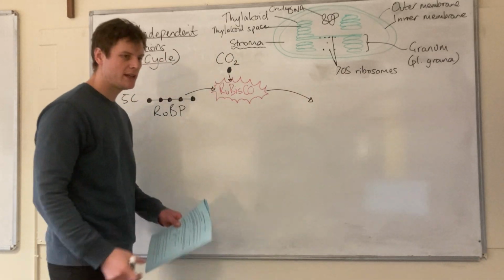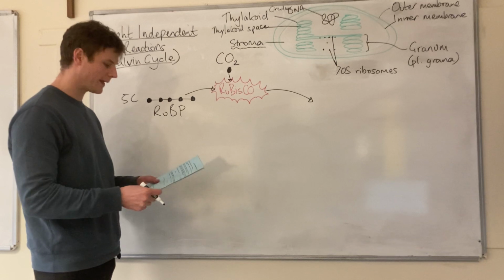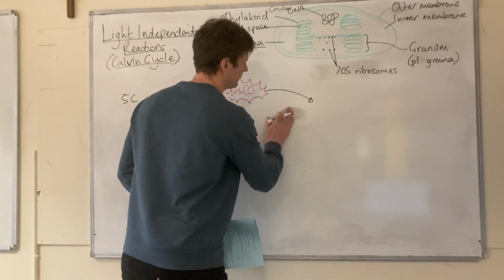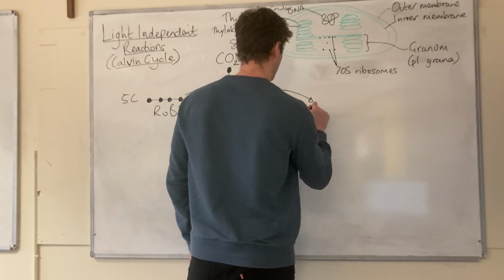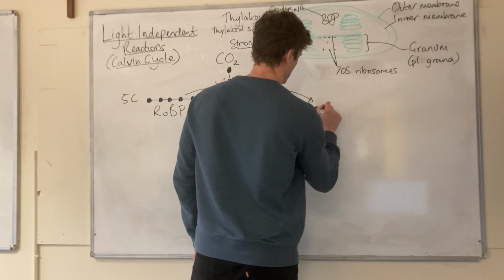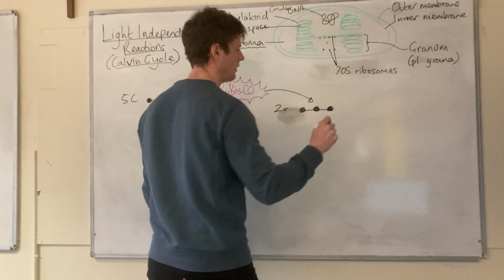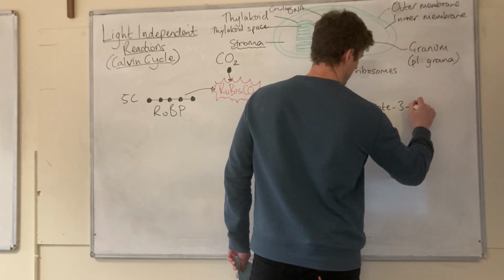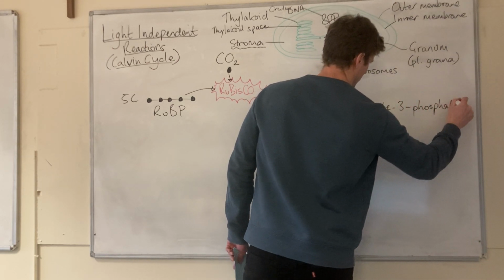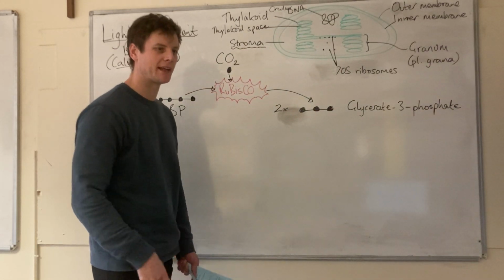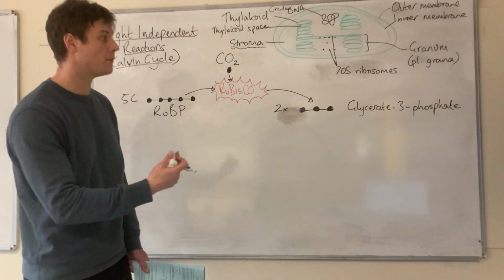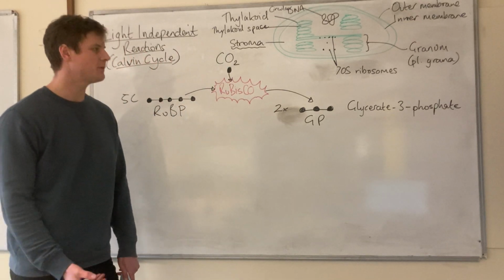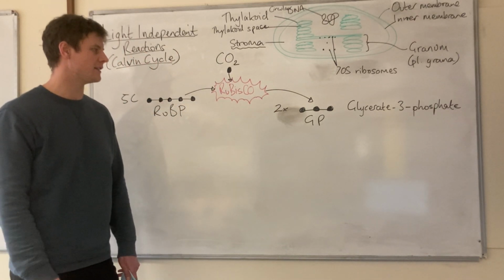From that 6-carbon molecule, we get 2 molecules of a 3-carbon molecule called glycerate 3-phosphate. Glycerate 3-phosphate can just be abbreviated to GP, or sometimes you may see it abbreviated to G3P.